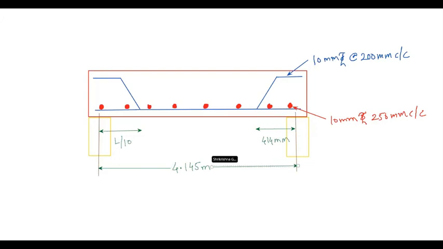So this is the final diagram of the slab. And the torsional reinforcement which you have provided, I will show over here. This is the corner where you have provided the torsional reinforcement.